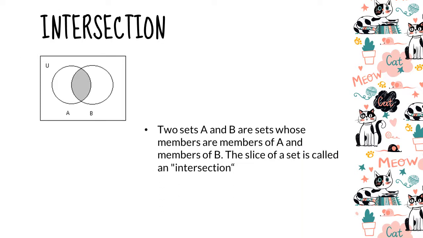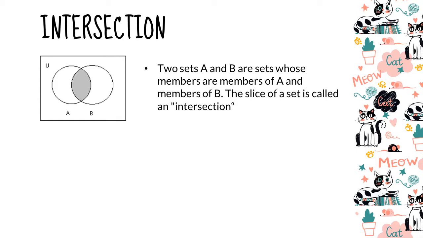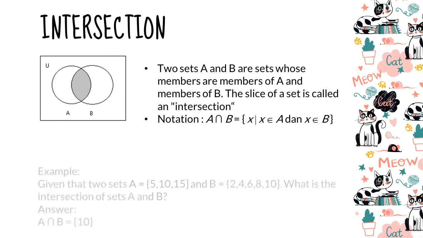Intersection. Two sets A and B form a set whose members are members of both A and B. This is called an intersection. The notation: the intersection of A and B equals {x | x is a member of A and x is a member of B}.